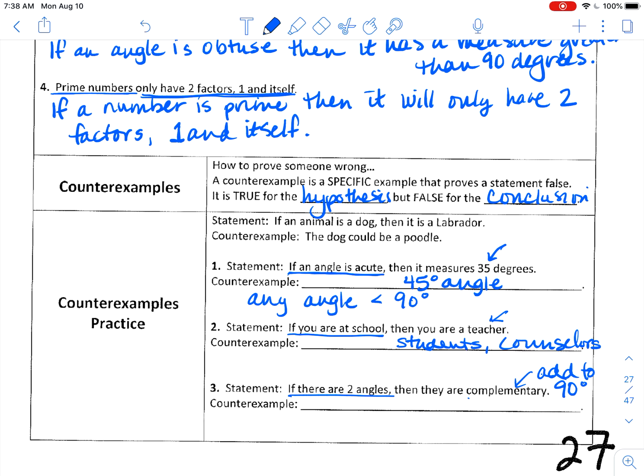And we just need to be true for the first statement. There are 2 angles. How about a 1 degree and a 2 degree? Do those add to 90? No. Any other, you could have a 135 degree and a 75 degree. Those don't add to 90. So there are lots of counterexamples for that one.